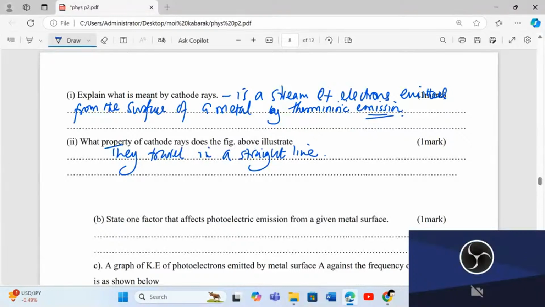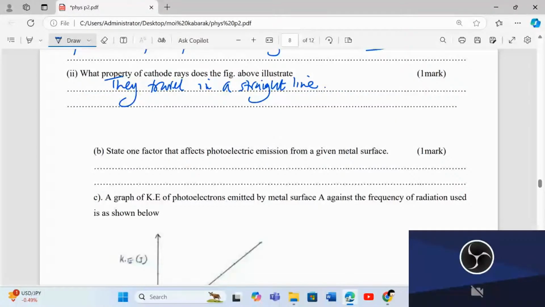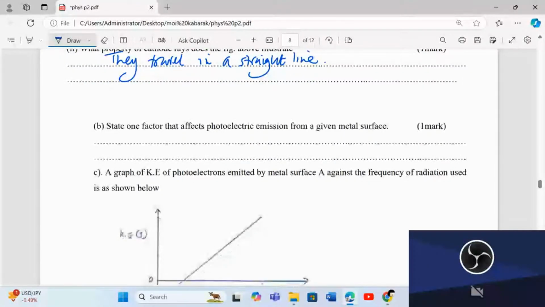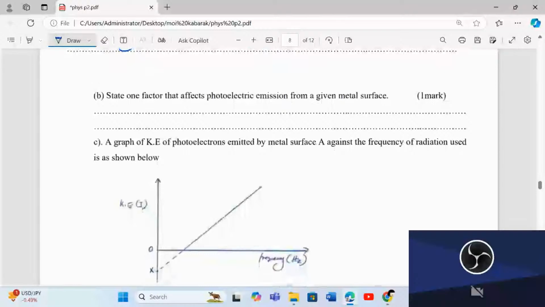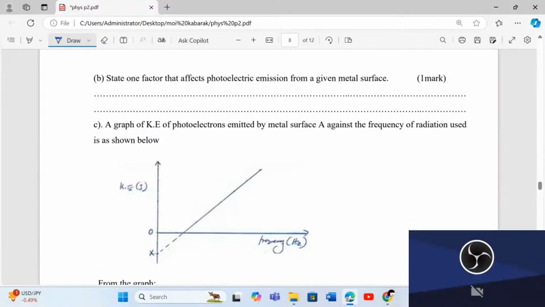So once you block them, then they will trace the shape of the object. Now, factors affecting the photoelectric effect from a given metal surface. We have three factors. One, we have the density of radiation.